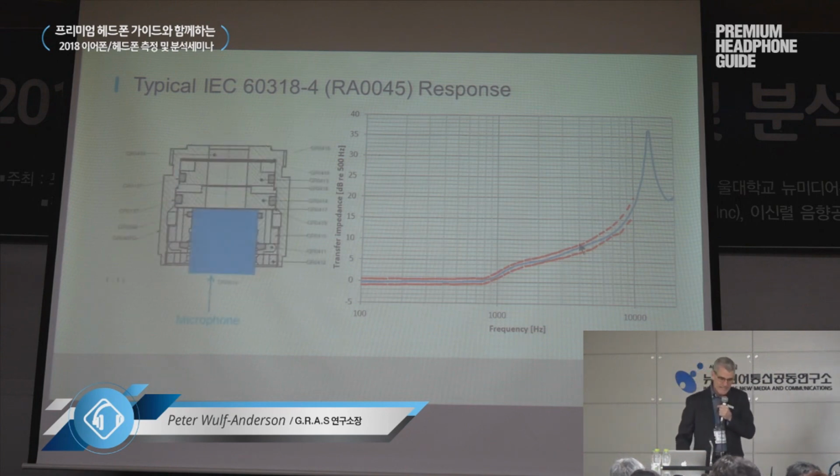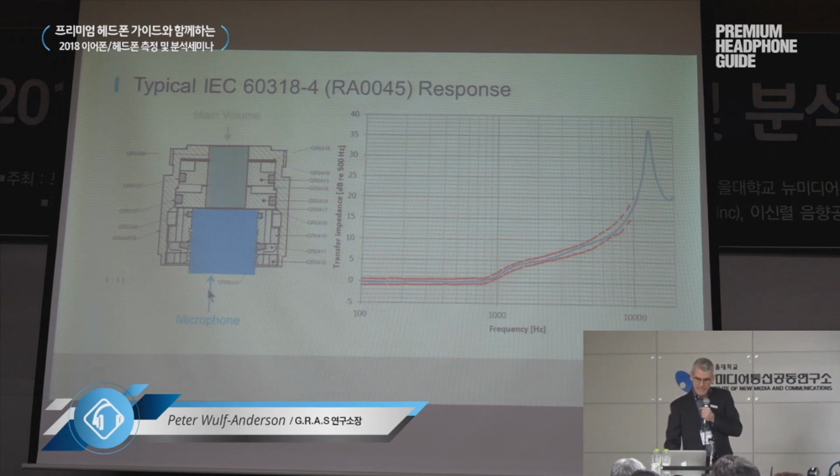If we look at a cross-section of an ear simulator, the 711 coupler, it consists of a main volume, which simulates part of the ear canal. But it also has these little side volumes connected to the main volume with little air canals. And each of these volumes have influence on the response over here.